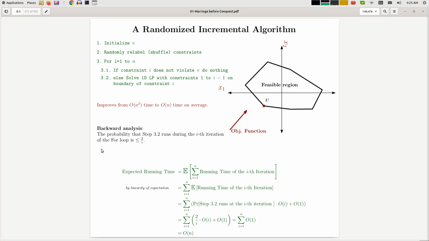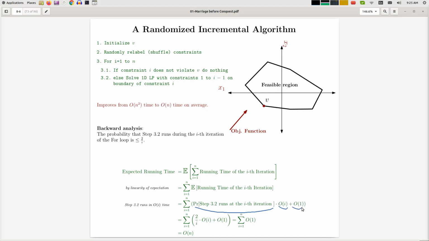Based on this property, with probability 2 over i the ith iteration is something that is not a constant. With probability 2 over i, this step takes i time, right? Because we have to look at constraints 1 to i, but otherwise it takes constant time.